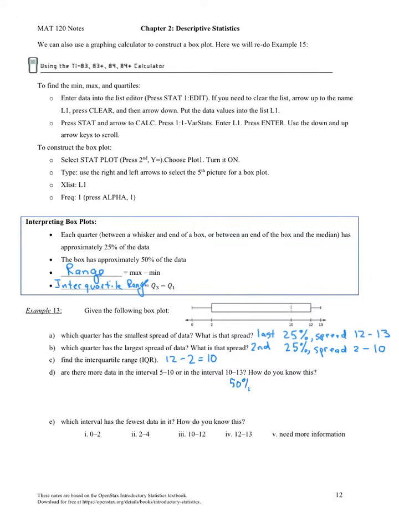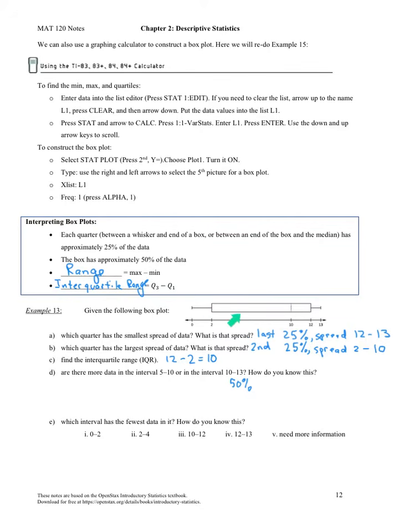However, if we look between 5 and 10, 5 probably falls somewhere here, and 10 is over here. Now we know this left-hand side of the box alone is 25% from 2 to 10.